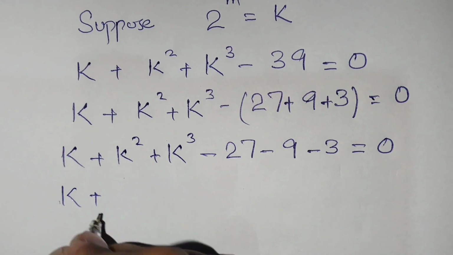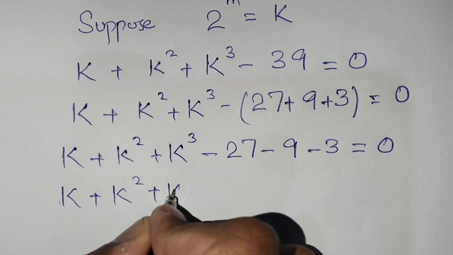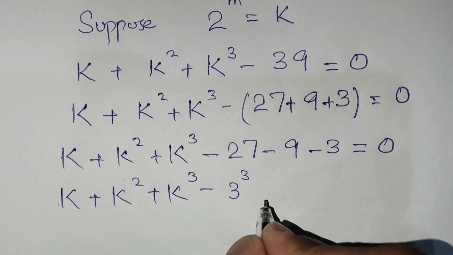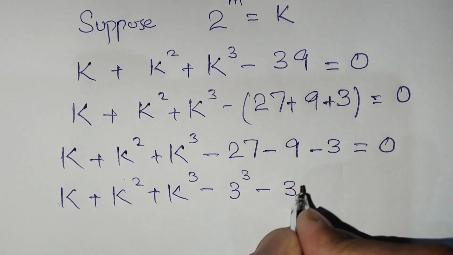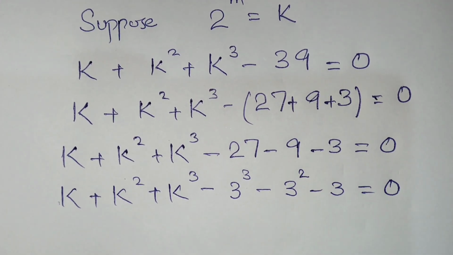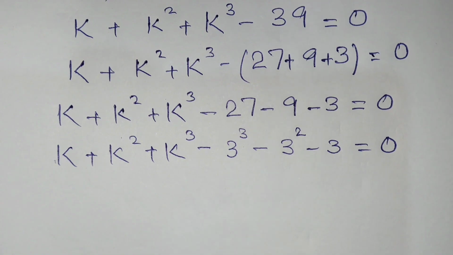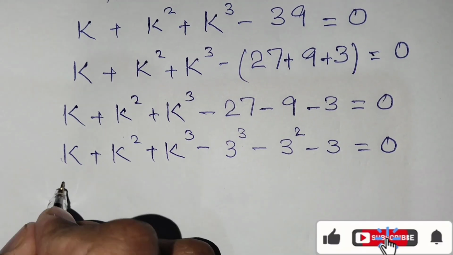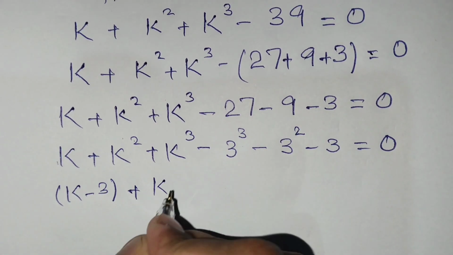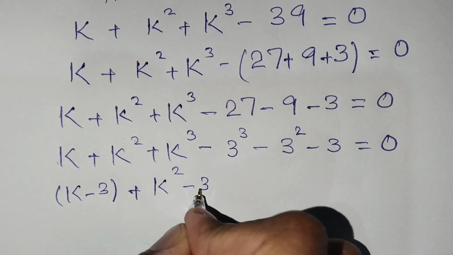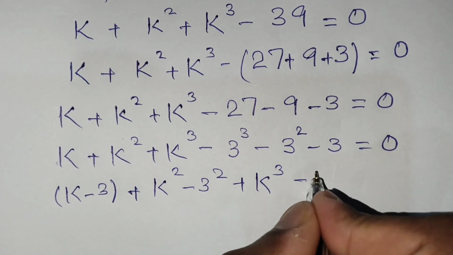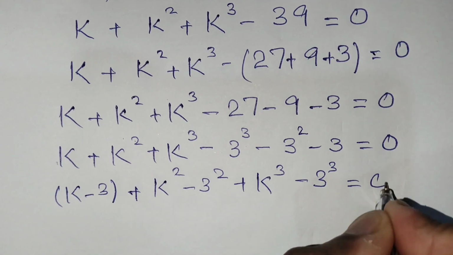Then this can be written as k cube minus 27, k square minus 9 which is 3 square, and k minus 3 is equal to 0. Now we will group together k minus 3, plus k square minus 3 square, plus k cube minus 3 cube is equal to 0.